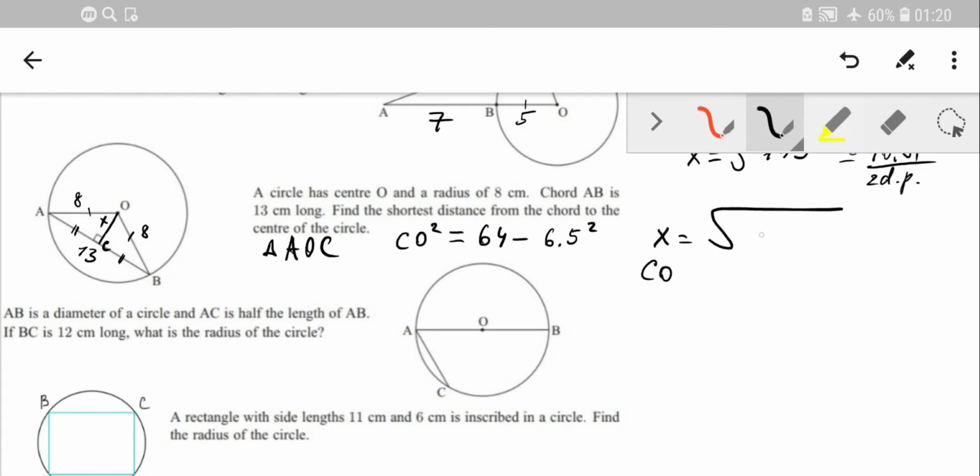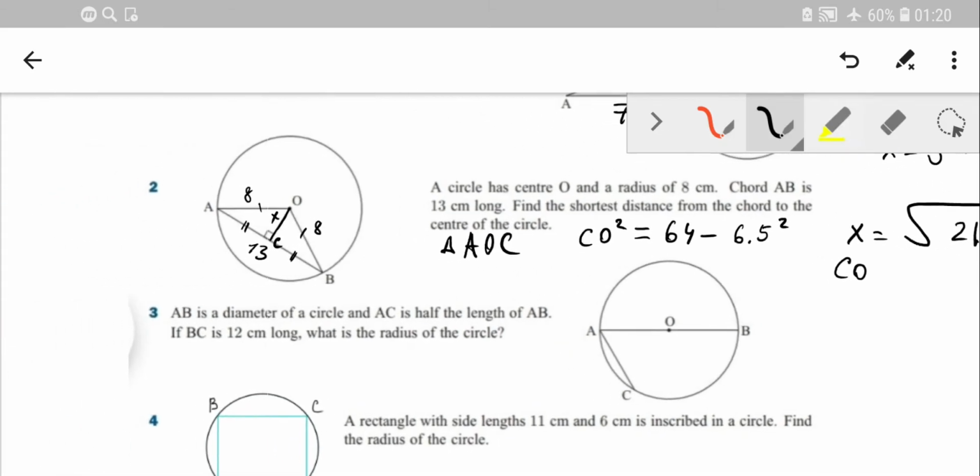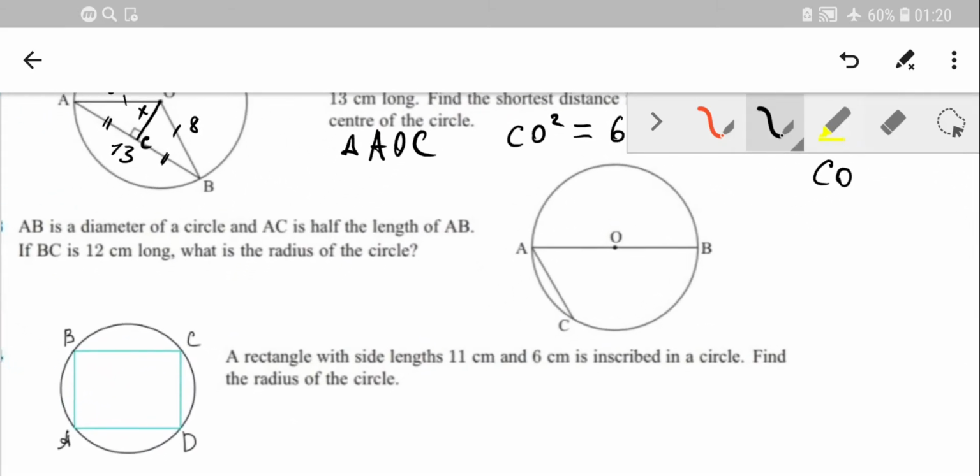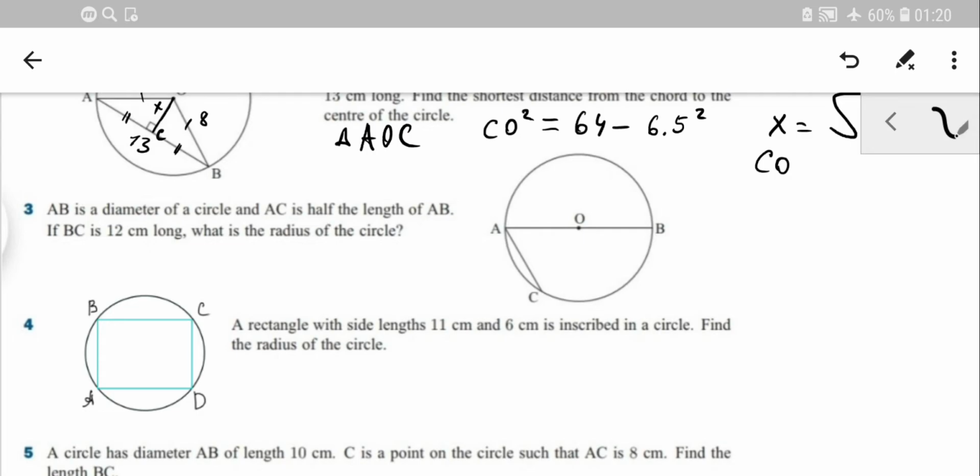I'll get 21.75, and from here we can figure out the square root of it. So it's about 4.66, 4.66 up to 2 dp. Alright, so we got it. Actually, not so hard.